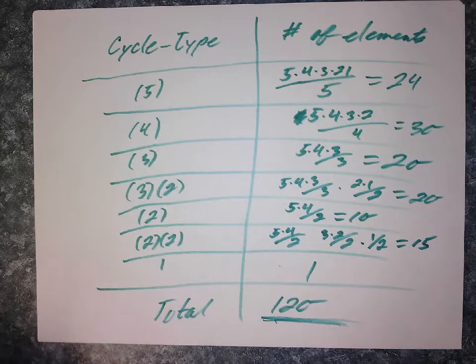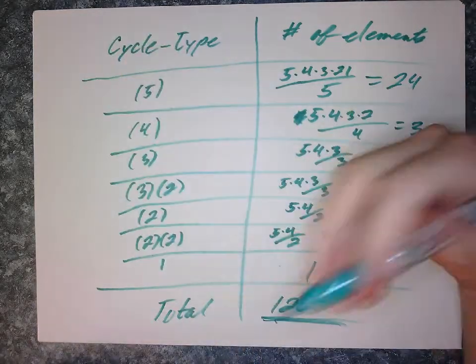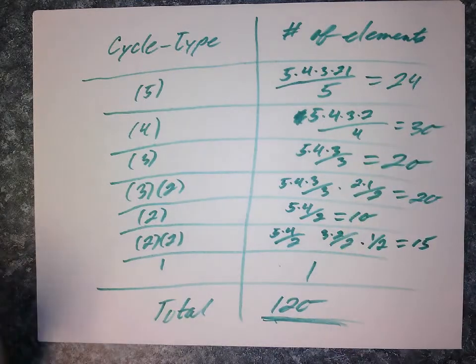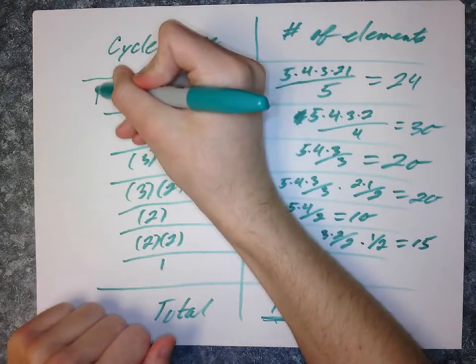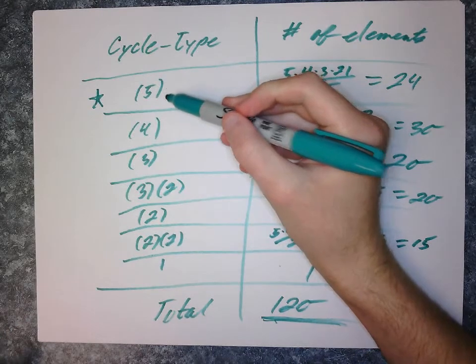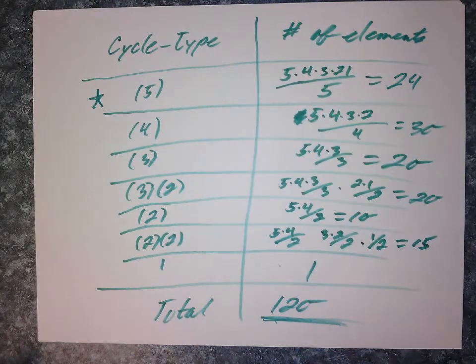Now, this is all S5, but what we really wanted was A5, and so we have to remember that A5, again, had all the even elements. And so looking at these cycle types, the little trick I had was that the odd numbers are the even ones, because you can rewrite 5 as like 4 2-cycles, I believe.